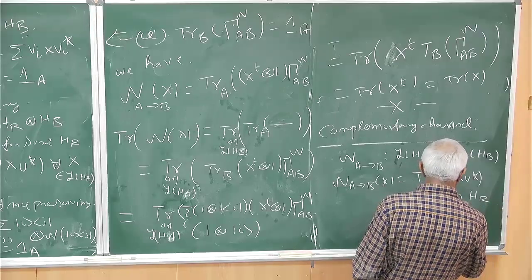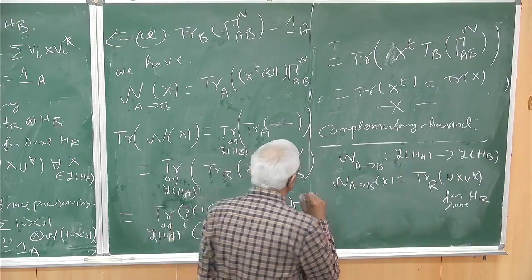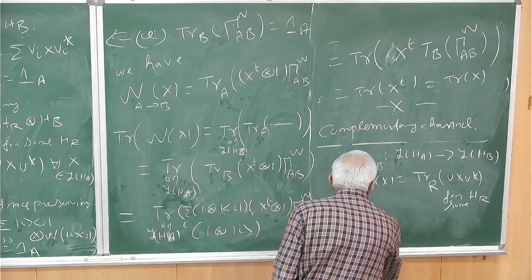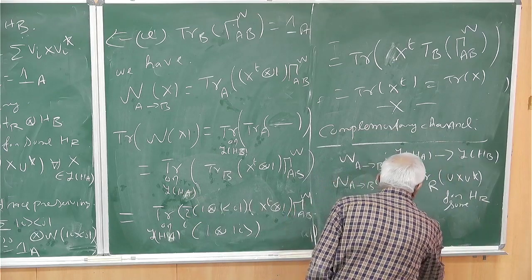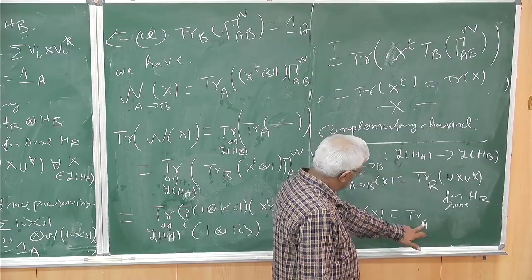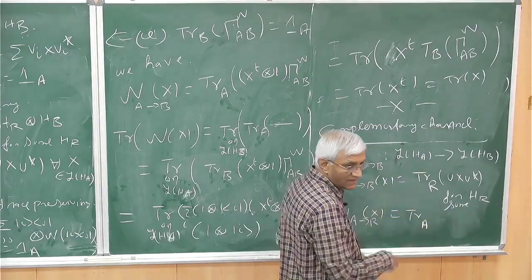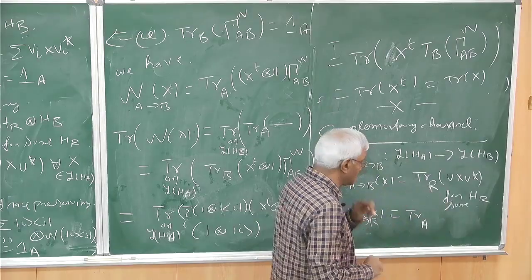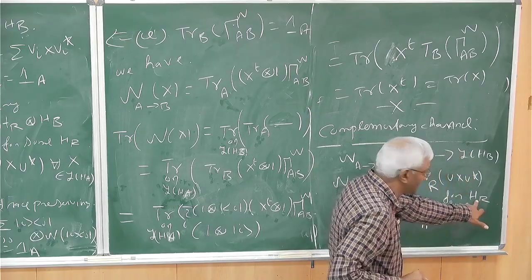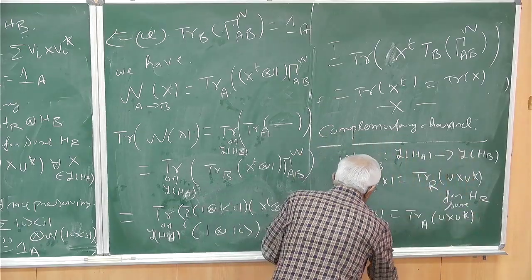This we know. Instead, there is this map L of HA to L of HR, X to trace over A. This is what Eve will do. He will take the partial trace with respect to A. He will get the other part. This is like getting the marginal, the conditional expectation of U X U star. He will get it on this Hilbert space HR. So this is what is called the complementary channel.